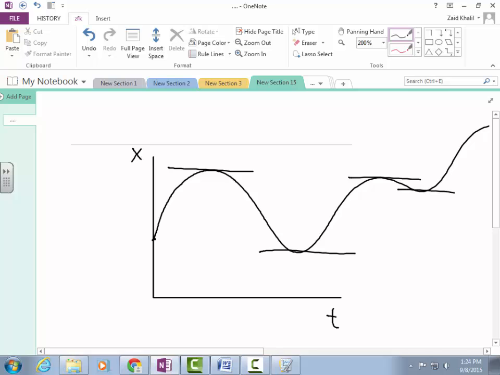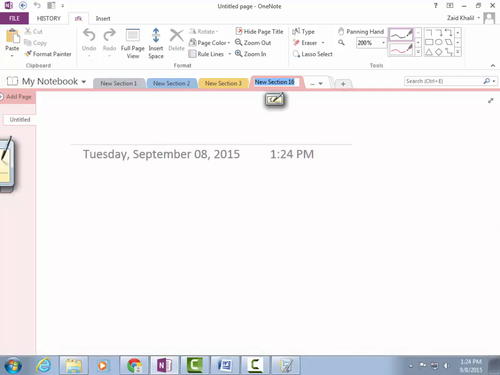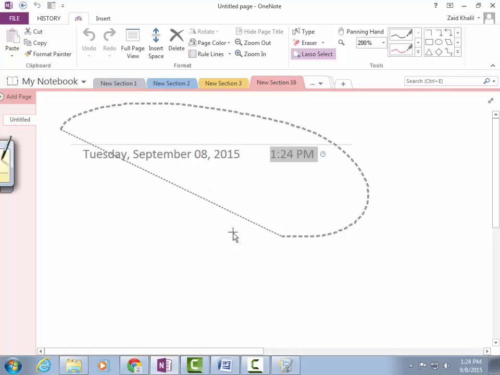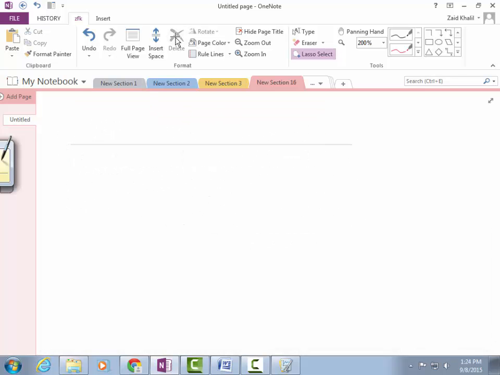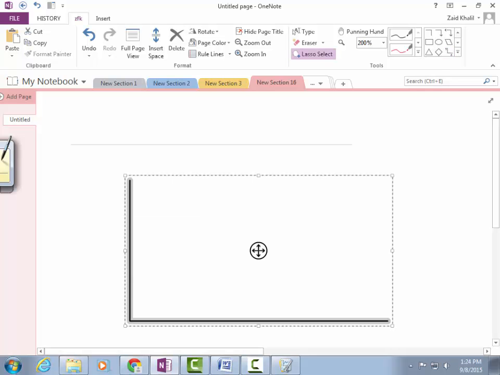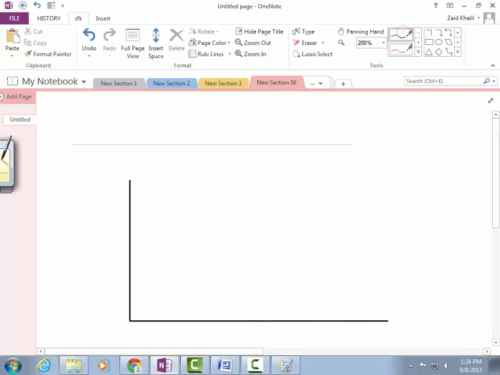Another thing you need to know, and this one is more important for theoretical reasons that will become clearer later, is if I take a position time graph, okay? And I take 2 points. So give me 2 points.